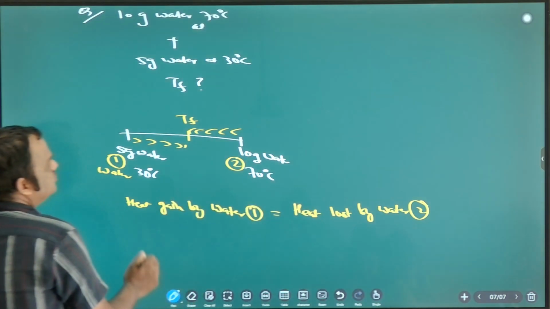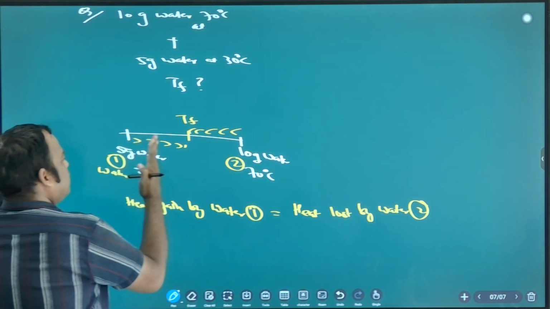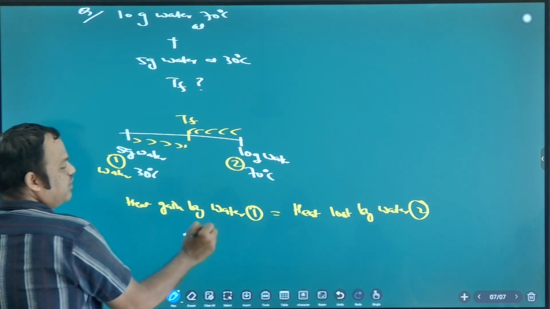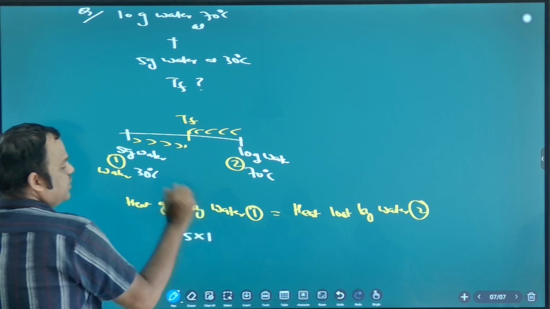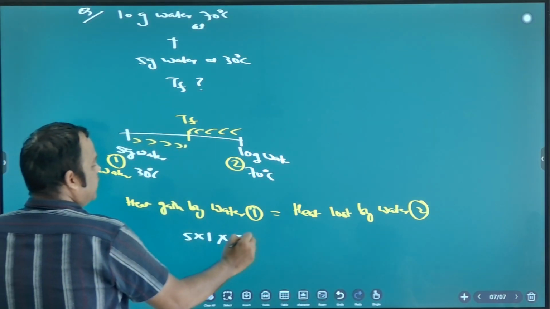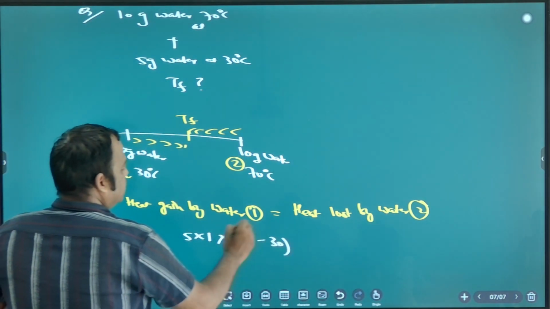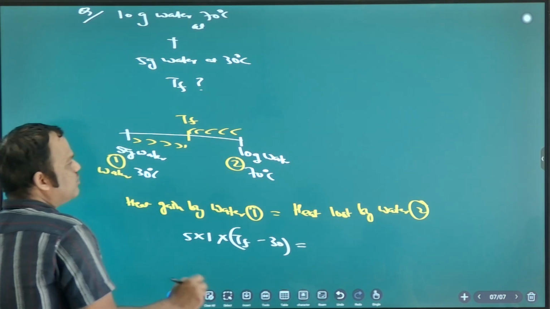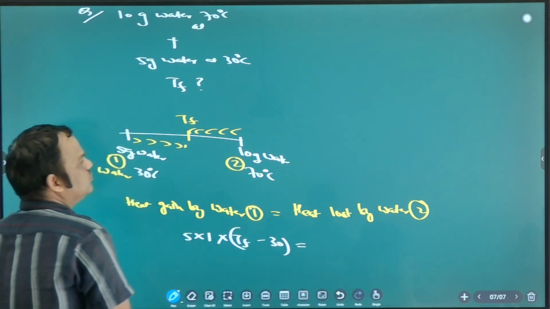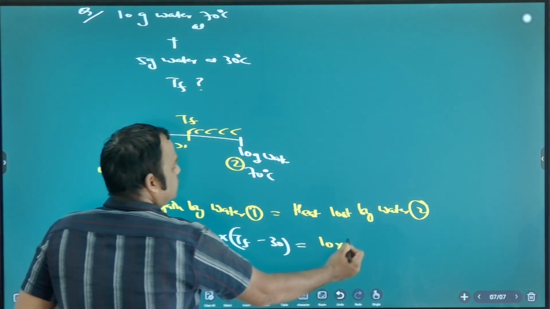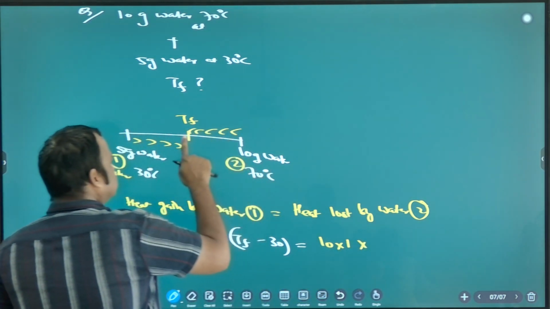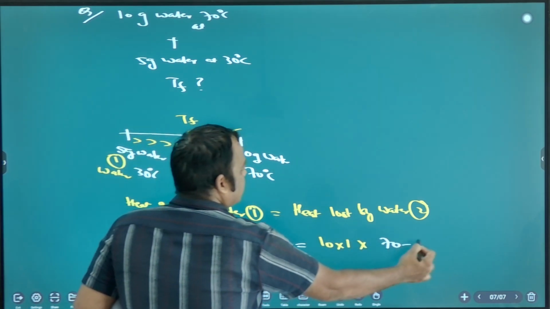Okay, solve. How much heat gained by water 1? 5 m s delta T, 5 into 1 into Tf minus 30. How much heat lost by water 2? Very good, 10 into 1 into greater minus smaller, 70 minus Tf.